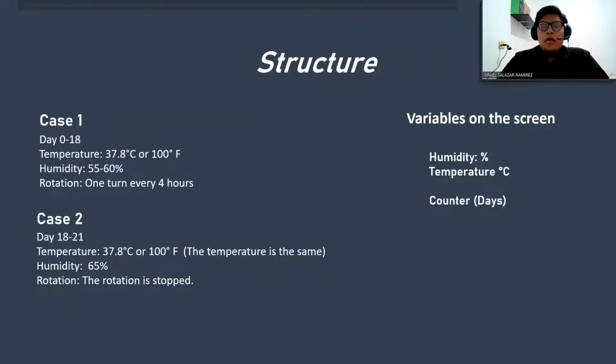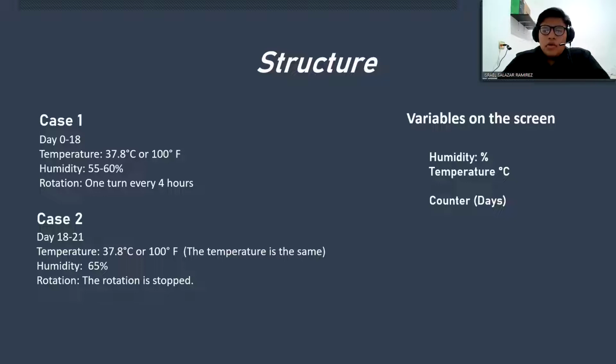Well, for this part of the presentation, I would like to explain a little bit about my code, what I'm going to do with this in my incubator. We were looking for information and we found that for temperature and humidity, there is no constant value because it changes depending on the day.